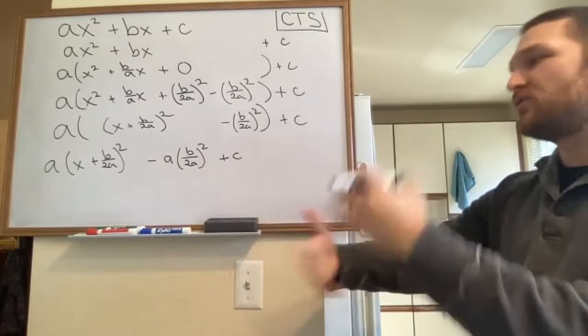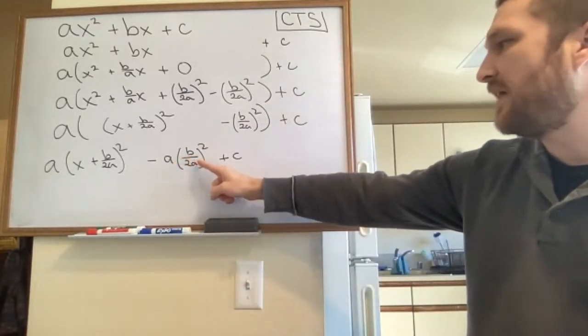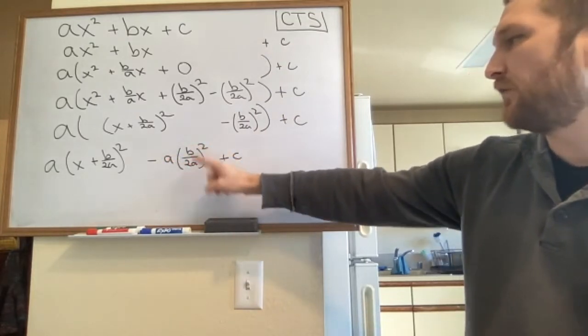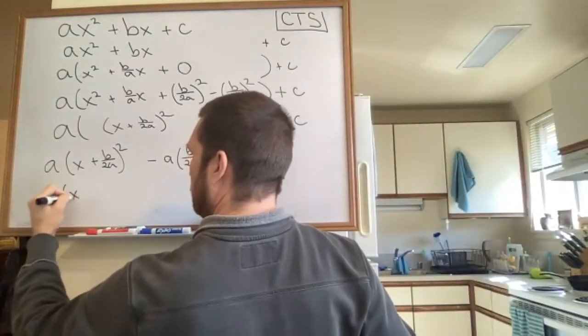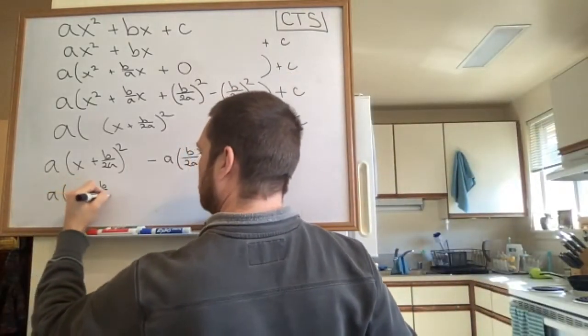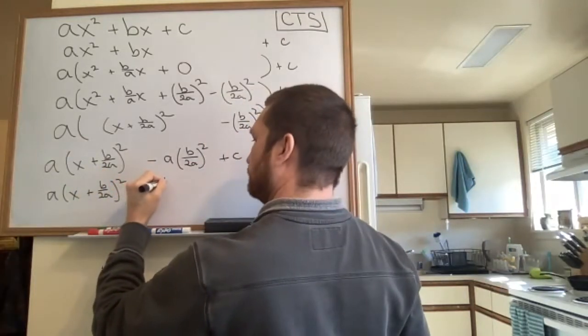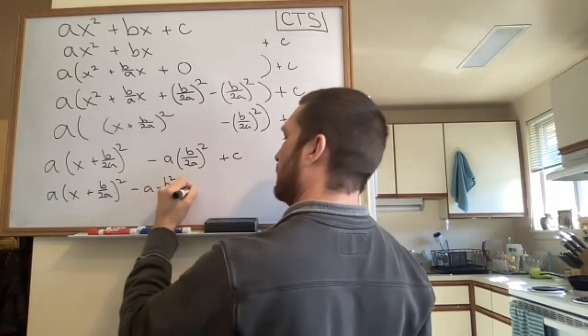Now, if we're so inclined, we can simplify this a little bit and say that's the same thing as b squared over 4a squared, minus a times b squared over 4a squared plus c.